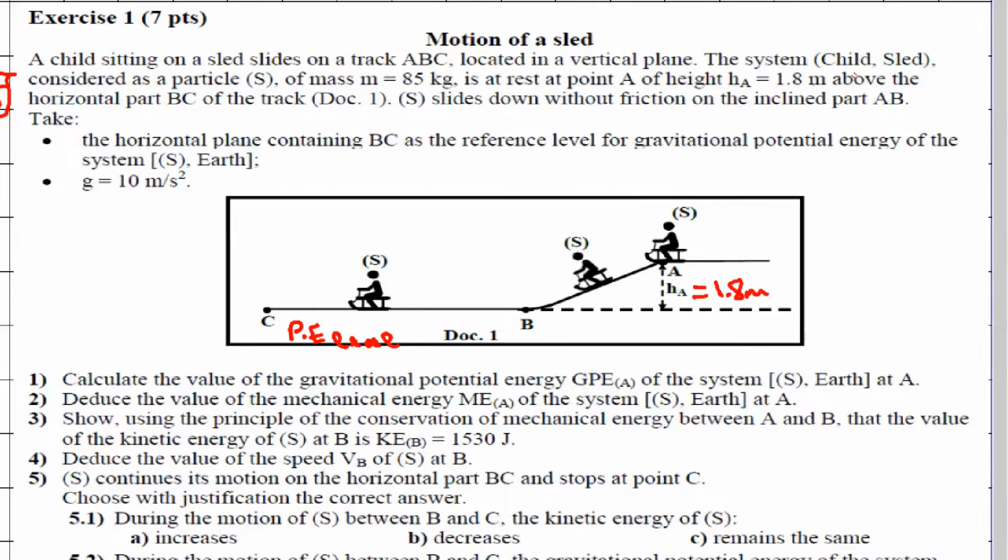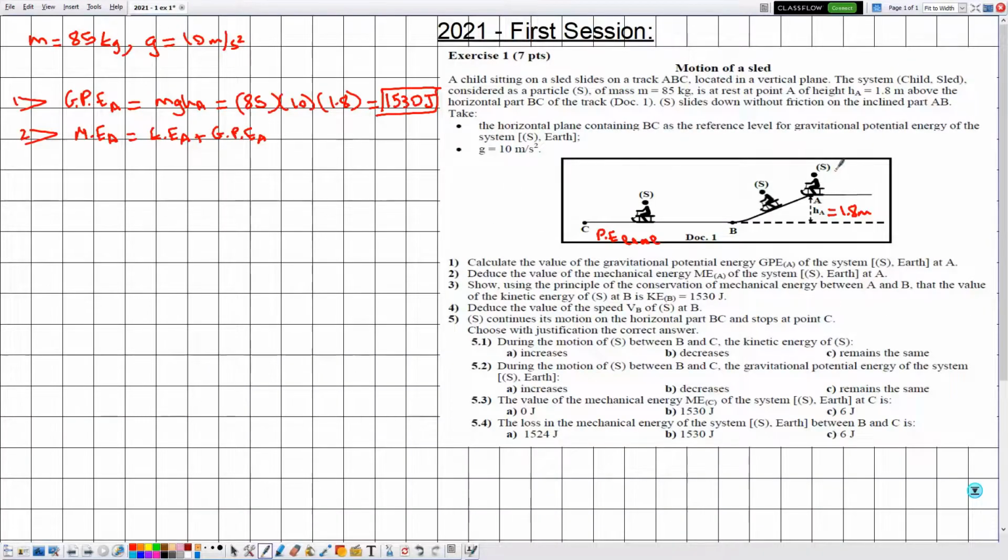Here I have missed something. They are telling us that it is at rest at the point A, so it's important to say that VA is equal to 0. Now we can directly say that the kinetic energy is 0, and the reason is that S is at rest, and at rest it means it's not moving. Then the mechanical energy is equal to 1530.